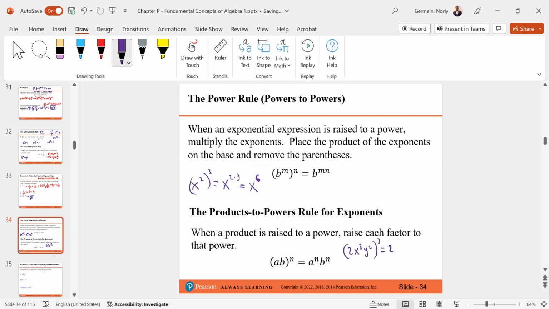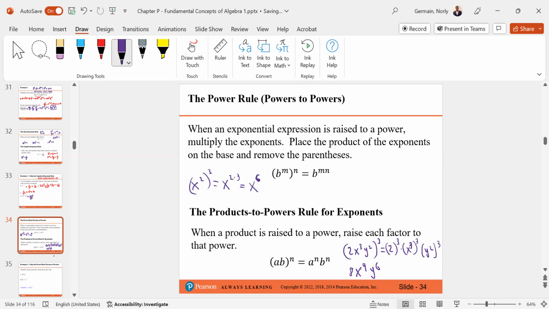First of all, we're going to have 2 to the power 3, x cubed to the power 3, y squared to the power 3. So that makes it 8. Power of a power: 3 times 3 is 9, x to the 9, y: 2 times 3 is 6. So for power of a power, we multiply the exponents, but first of all, we need to distribute.